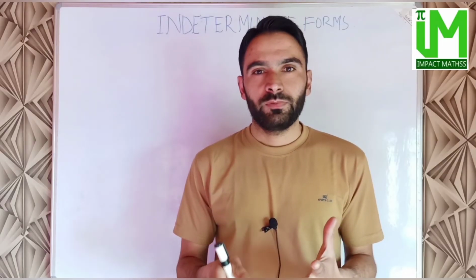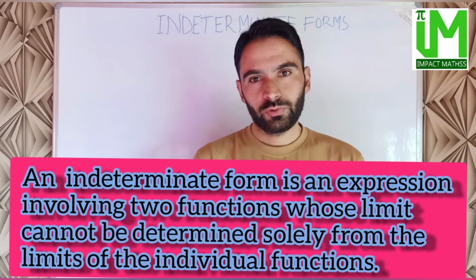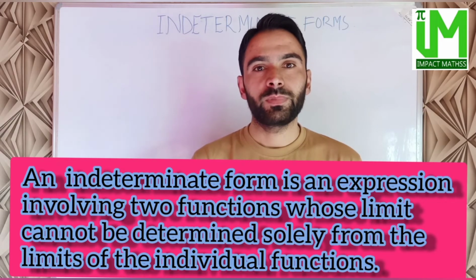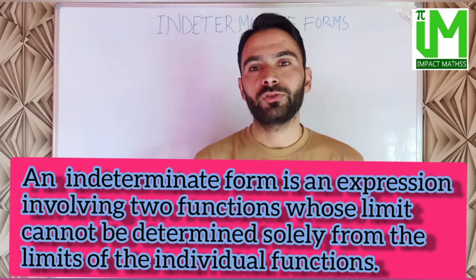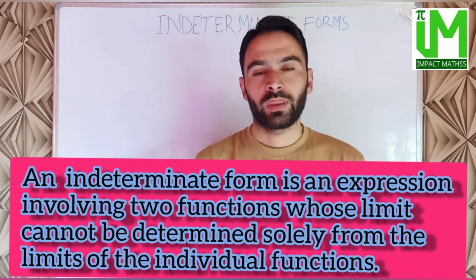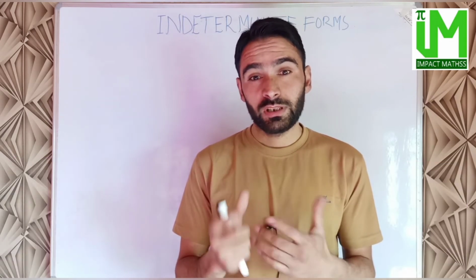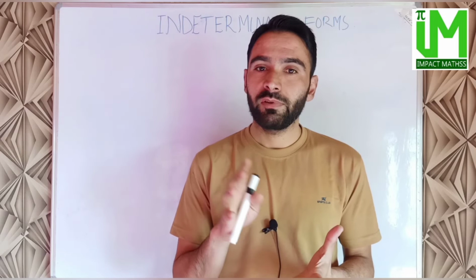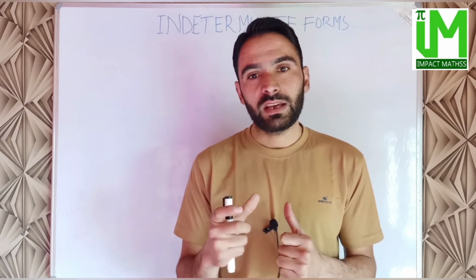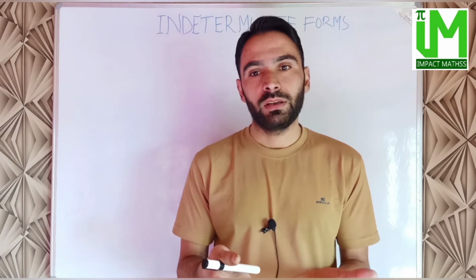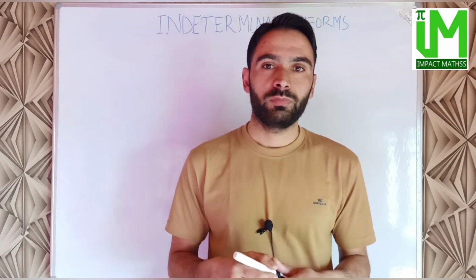Indeterminate form is a form or an expression involving two functions whose limit cannot be determined solely from the limits of the individual functions. Which means while computing limits, we arrive at a form जिसका हम एक precise या exact value ना दे पाए, उसे हम indeterminate form कहते हैं.